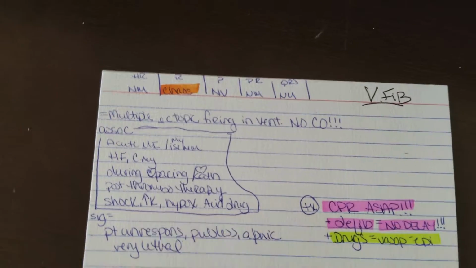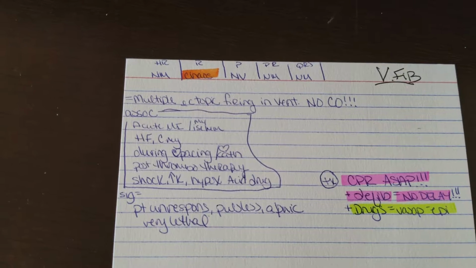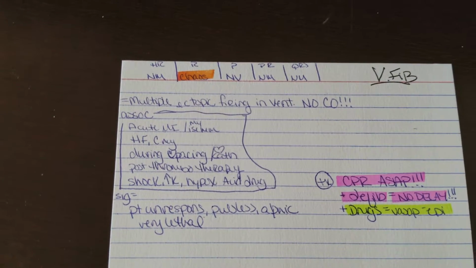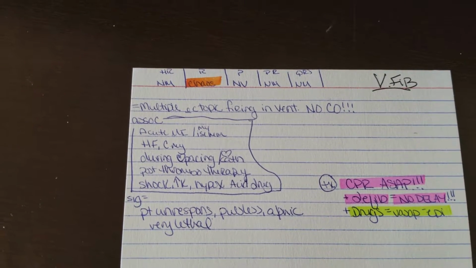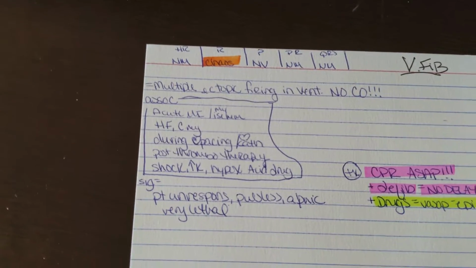Okay, so VFib is going to be just a mess. The R wave or the PR is just chaotic. Nothing can be measured. So multiple firing in the ventricle. There's no cardiac output.